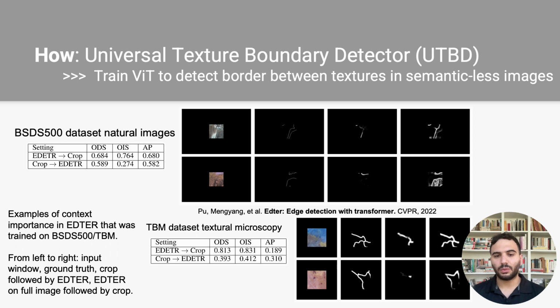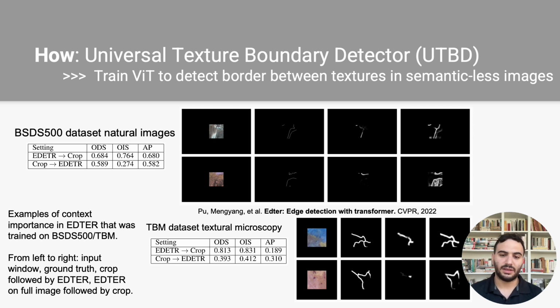To evaluate the role of context in modern boundary detection, we run IDETER, a state-of-the-art edge detection transformer model, in two settings. In both cases, we randomly select windows of size 100 square. In the first one, we run IDETER on the entire image, but evaluate the algorithm performance only on the random window.